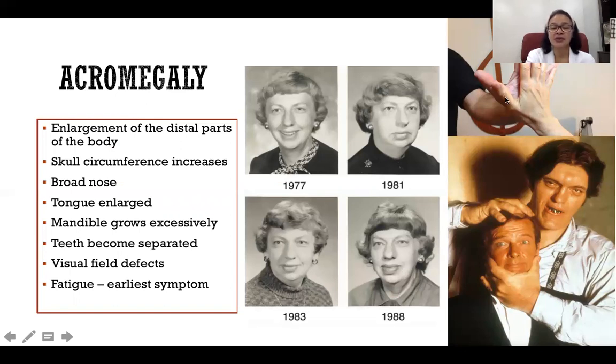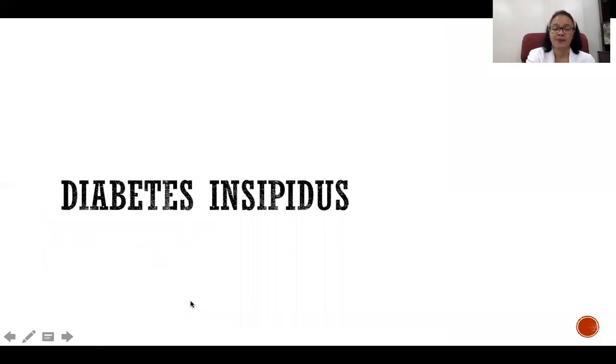Look at the hands of the patient with acromegaly. Because of the expansion in the face, the teeth may become separated. As I've mentioned, there can be visual field defects. And the earliest symptom of acromegaly is fatigue.